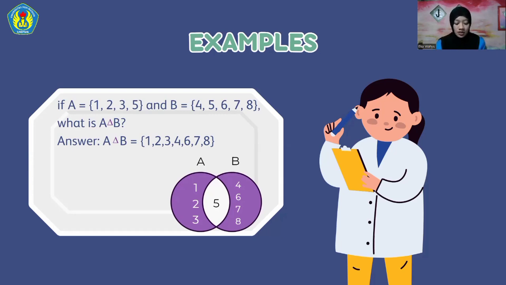The symmetric difference of sets A and B is 1, 2, 3, 4, 6, 7, and 8. So you just read what is not the same in A and B. In A and B, the same member is 5. So you don't write 5 in the answer.